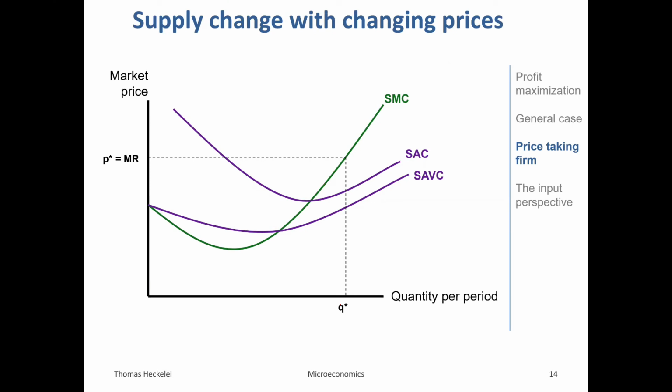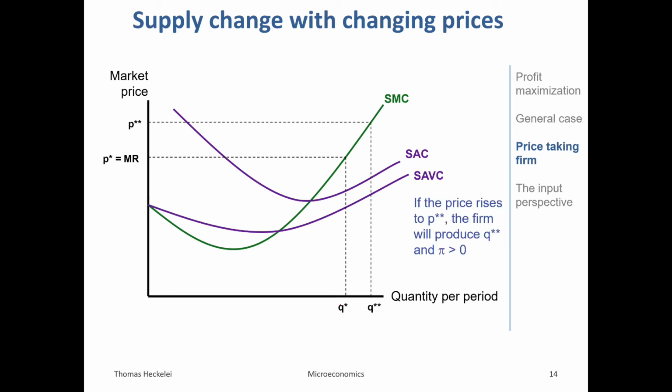How about when price increases beyond that even? Unlike the monopolist case, where price could only be increased by reducing the output quantity, here with the price taking firm, it could sell as many as it wishes, right?